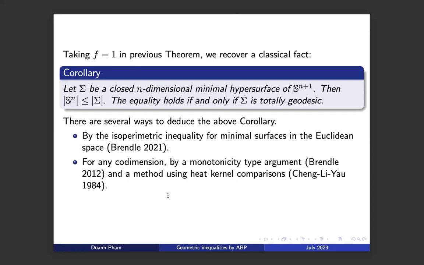It says that if you have an n-dimensional submanifold in Euclidean space, of any codimension, so that the size of the mean curvature is at most 1, then the volume of that submanifold is at least the volume of the unit n-sphere.